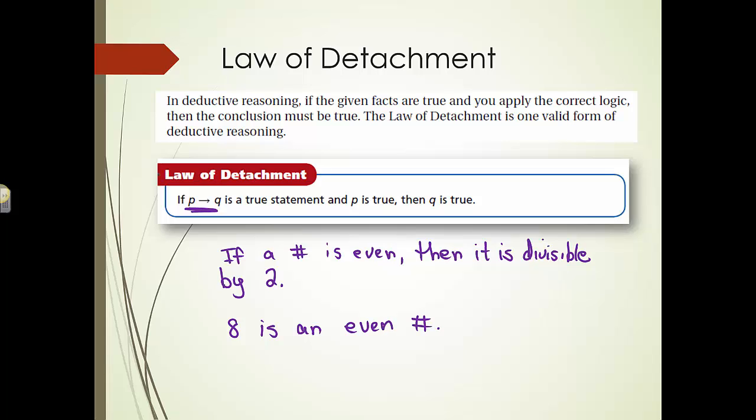What conclusion can you draw? I'm telling you that P is true: 8 is an even number. You can draw the conclusion that Q is true. You can say 8 is divisible by 2. And that is an example of logical reasoning using the Law of Detachment.